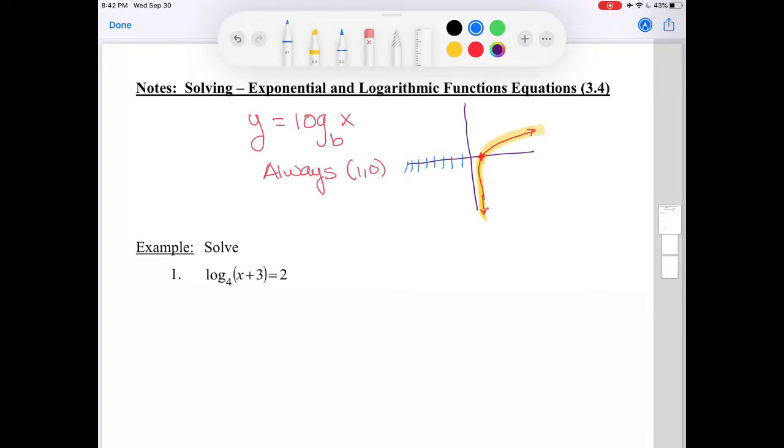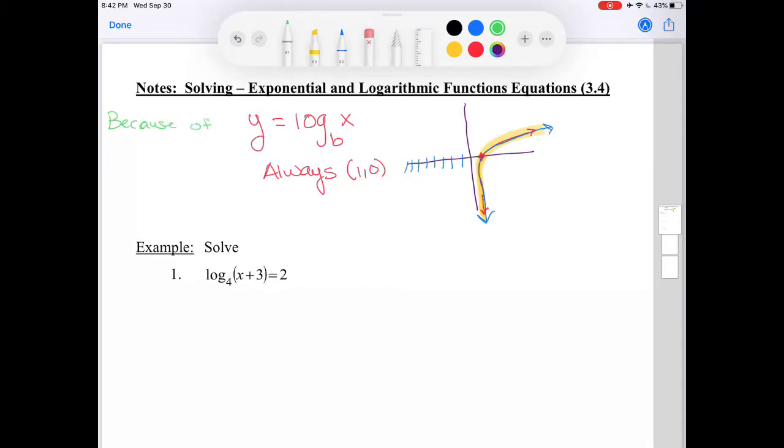Can we have negative x values with this function? No, we cannot. But more importantly, it's not so much the x values that are negative. I know that my log function is never going to have negatives on the inside. So we want to keep that in mind as we talk about our notes.